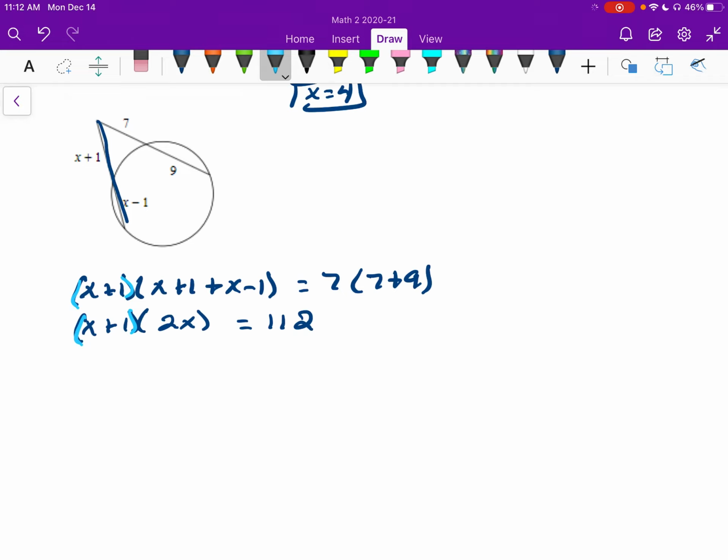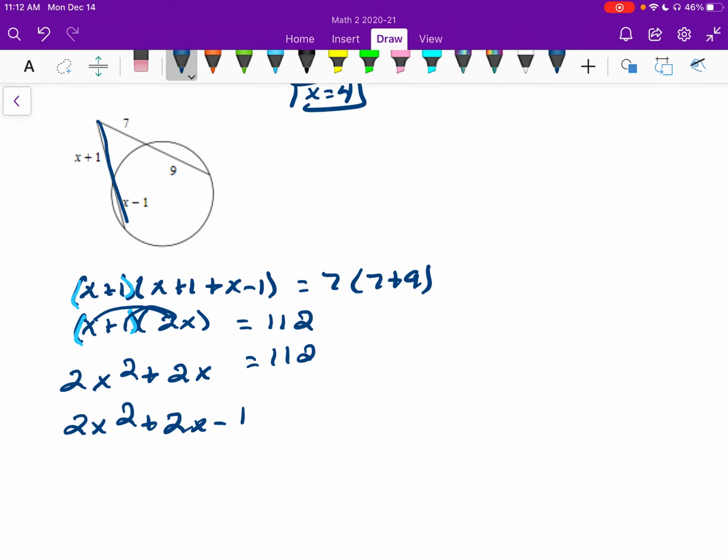All right, now I'm going to distribute my x and my plus 1 there. So this is going to be 2x squared plus 2x equals 112. So 2x squared plus 2x minus 112 is 0. Remember, we need to get these equal to 0.